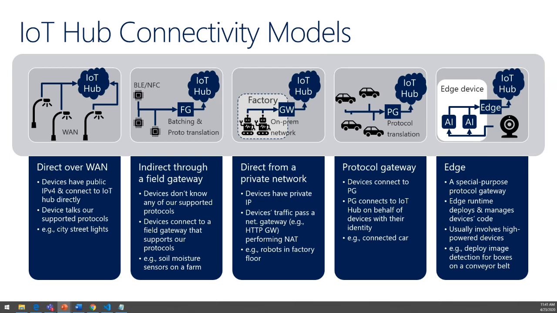And IoT Edge actually has multiple types of ways that it shares that information from devices to IoT Hub, meaning that you could use a gateway device where you have a bunch of devices connected, and it can act like a field gateway device using the IoT Edge runtime. You can also have the protocol gateway scenario where you have all these devices connected to the gateway that's running IoT Edge, and that gateway still holds the device identity.